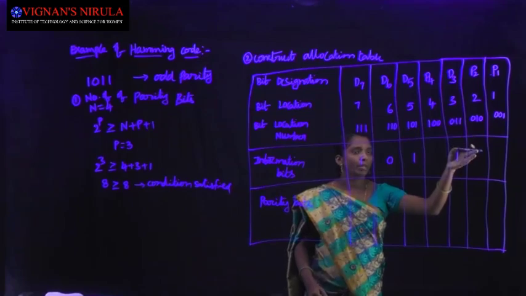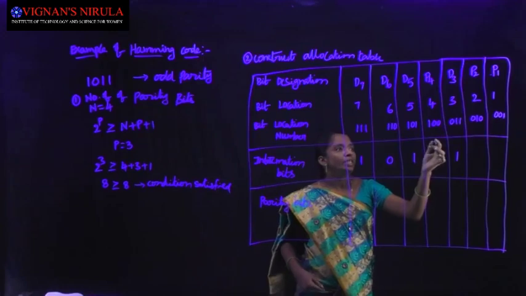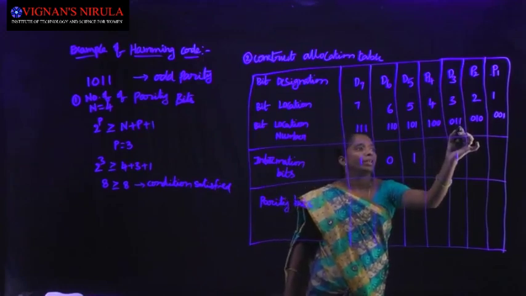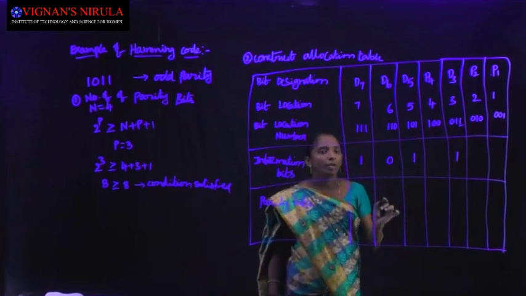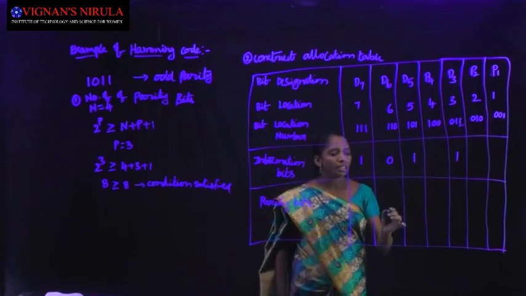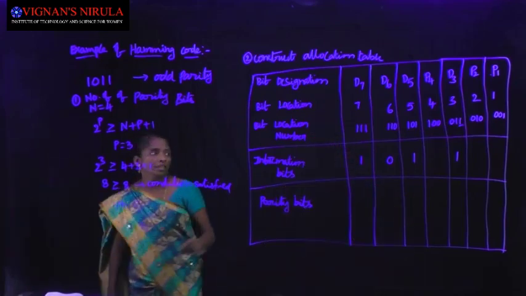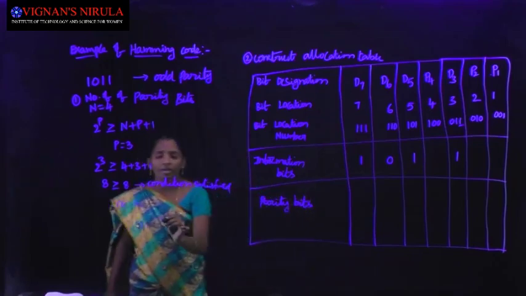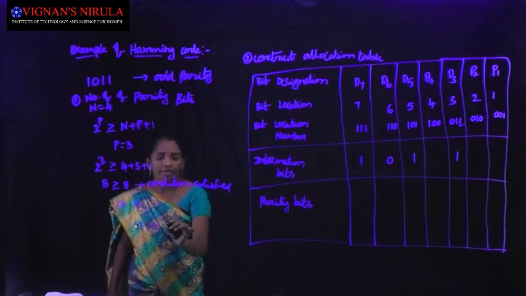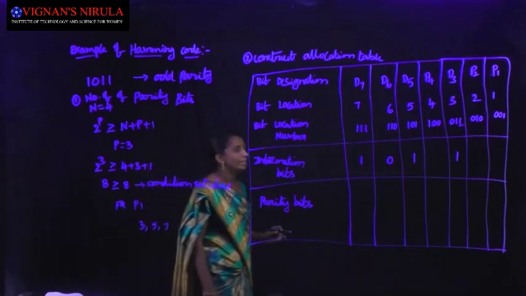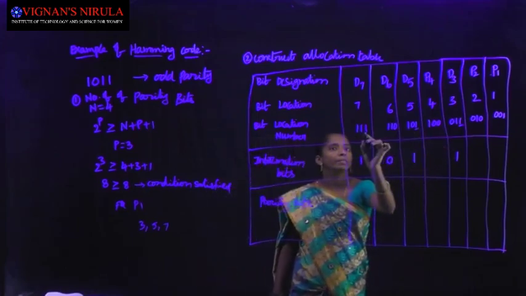But at P1 itself we don't have a parity bit yet, so no need to check it, and we check the LSB of the location numbers. For P1, check the bit locations 3, 5, 7, because we have 1 at these places only.